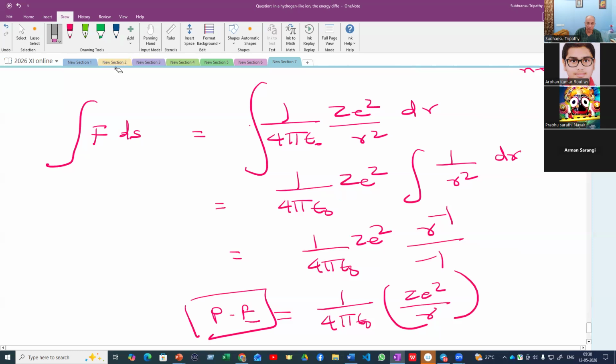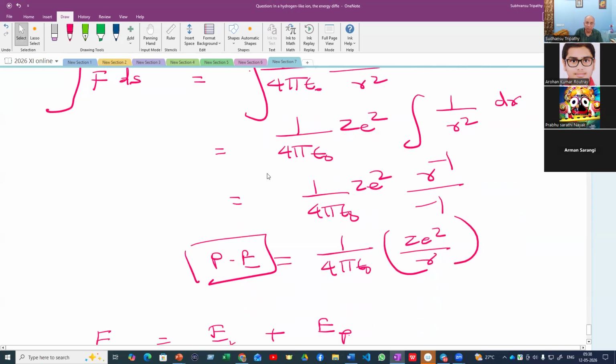I'm so sorry, so here it will be minus. We take the magnitude of the force, the energy will be lost. So the work done will be stored as potential energy because it's an attraction work.